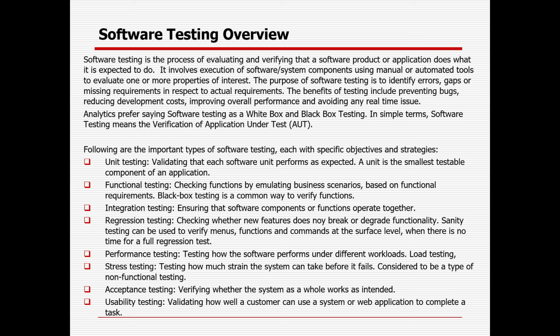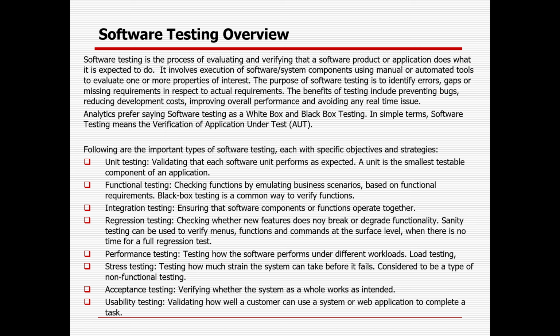It involves execution of a software or system component using manual or automation tools to evaluate one or more properties of interest. The main purpose of software testing is to identify errors, gaps or missing requirements in respect to the actual requirement. The benefits of testing include preventing bugs, reducing development cost, improving overall performance and avoiding any real-time issues.